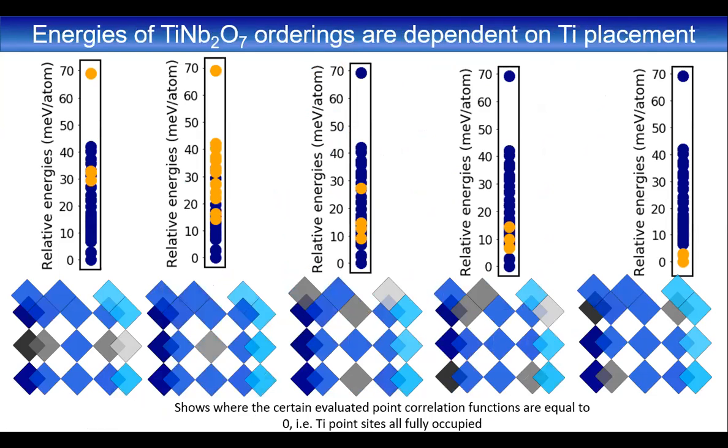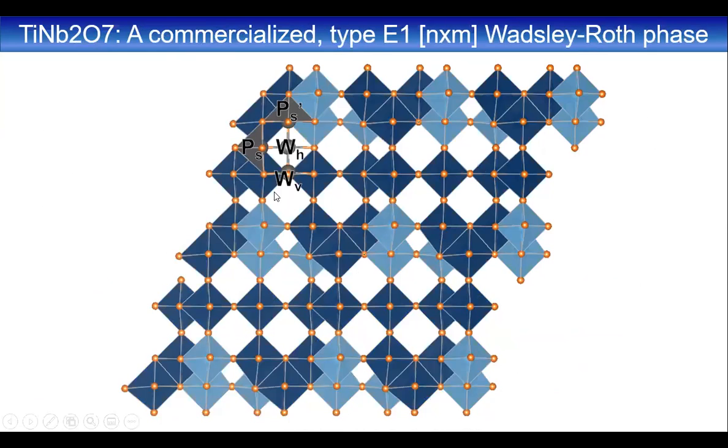And because of this disorder that you see in the titanium niobium orderings in this system, I thought it would be interesting to see which titanium niobium orderings would be lowest energy or highest energy. So I took this structure and put titanium and niobium in different locations.